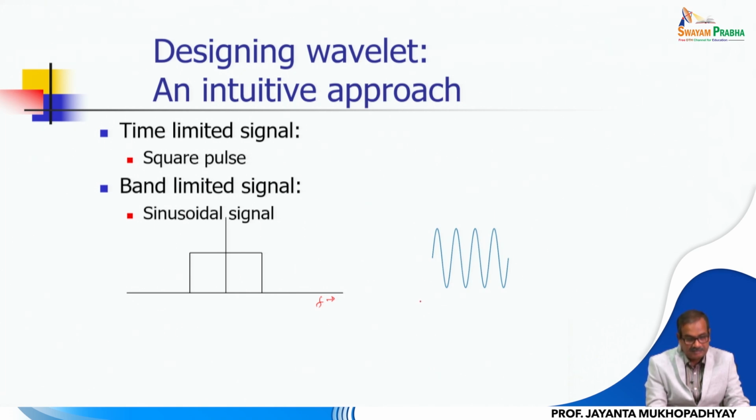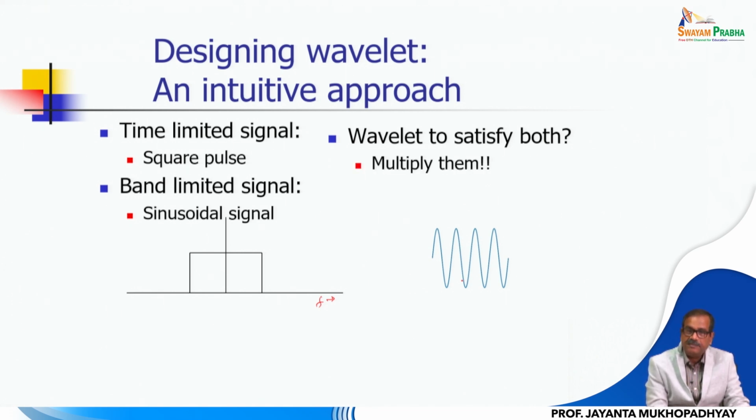And if I use some sinusoidal signal, I have already discussed that it has a very small finite support, infinitely small actually. So for a wavelet to satisfy both, what we can do is take these two kinds of signals and multiply them.